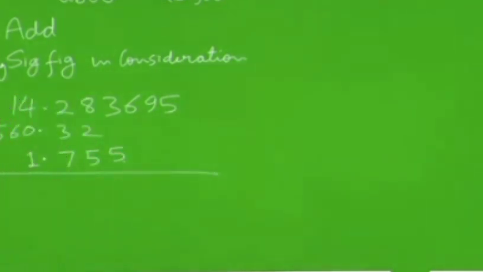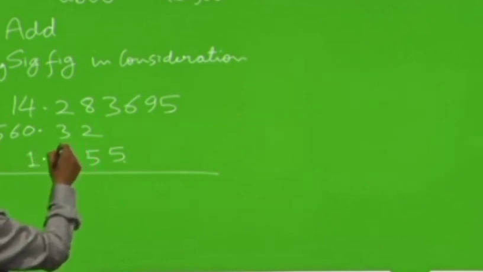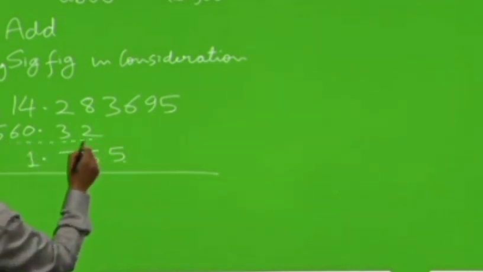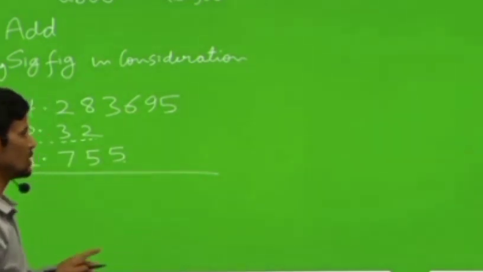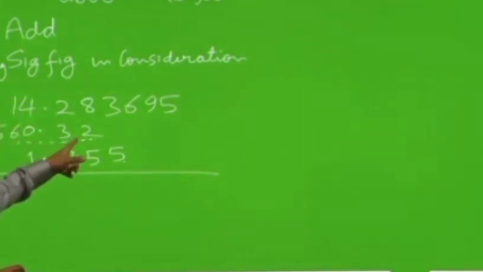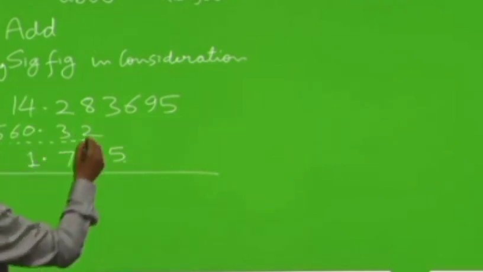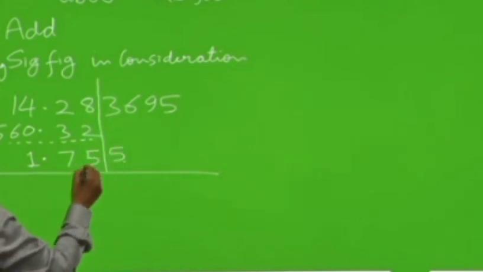So step 1, find the least number of decimal places. So here in this observation there are least number of decimal places. It depends upon the least number of decimal places. So it is up to the 100th position. So all others, we are going to drop by suitable rounding off.